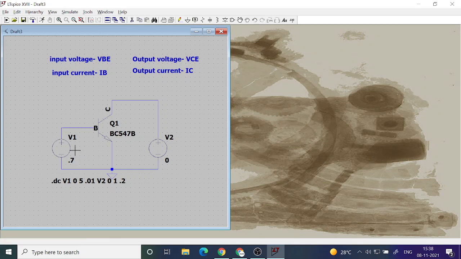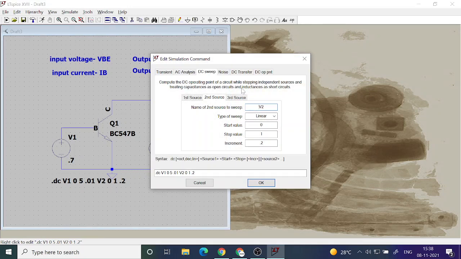Okay, so V1 is kept at 0.7 and then in the DC analysis I will change this V1. I want to start from say 0.7 to say 0.8 in steps of 0.02.